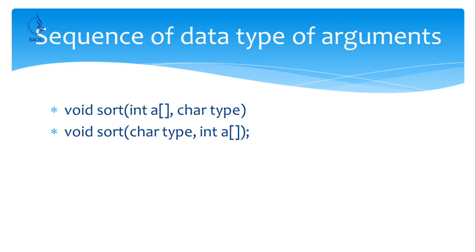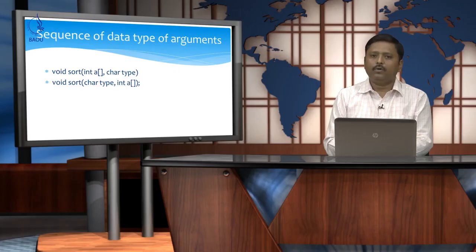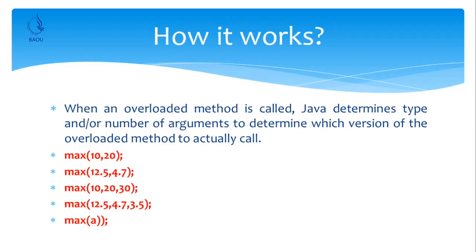So, we can define two sort methods. The first method has an integer array as the first argument and the type as the second argument, and in the second case we have the type as the first argument and the array as the second argument. This is also an example of method overloading. Now, how does it work?